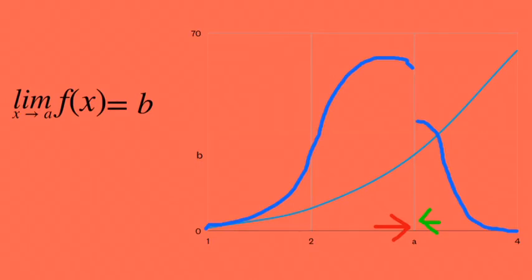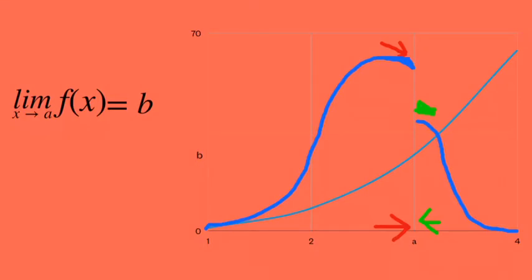And let's approach it on the f of x's. So for values of x less than a, those corresponding f of x's come to be about here. And for values greater than a, we approach this point.